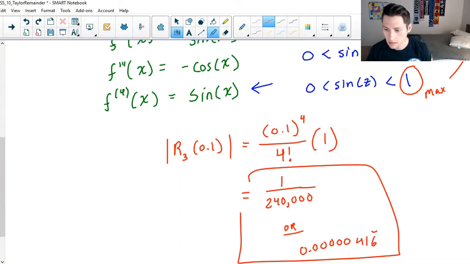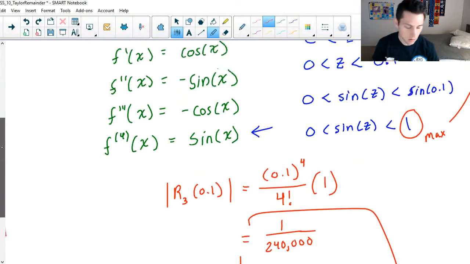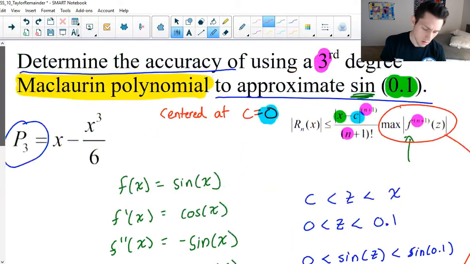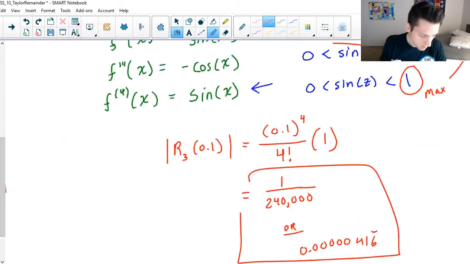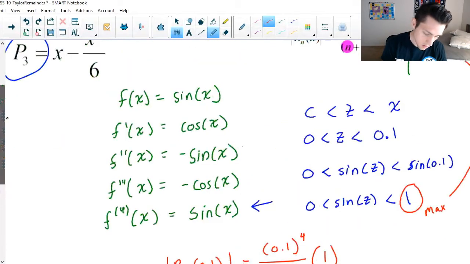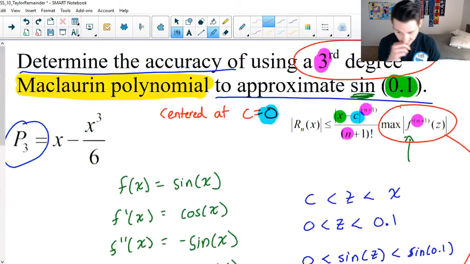What is n? n is the degree of the Taylor polynomial. Since it was a third degree Taylor or Maclaurin polynomial, whatever, n is 3.